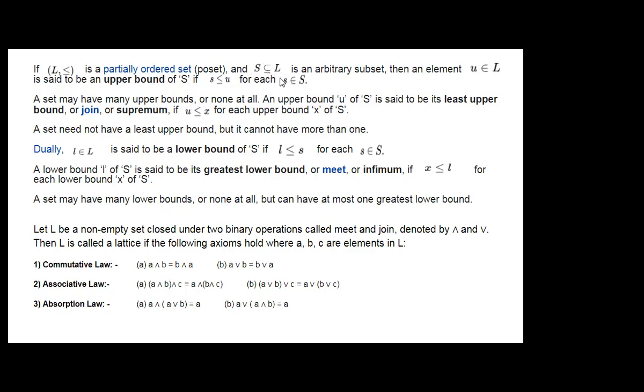Okay, now here again the same is the case. S belongs to this L. So what is it saying? An upper bound U of S is said to be its least upper bound. In which case will it be called the least upper bound?